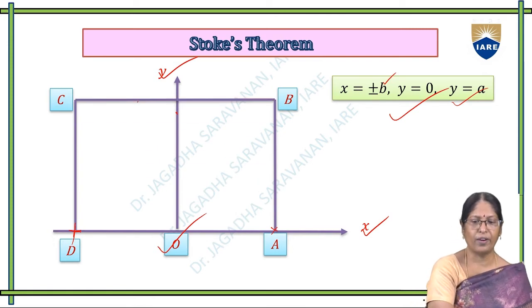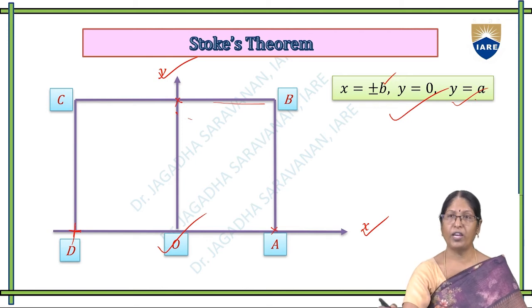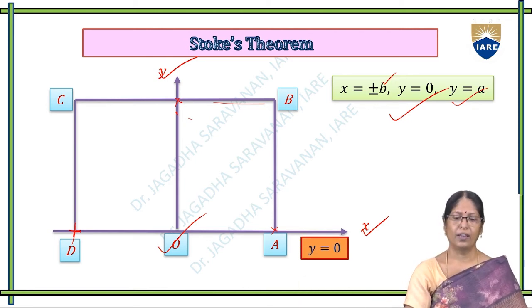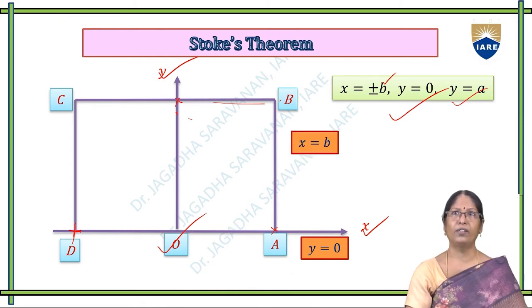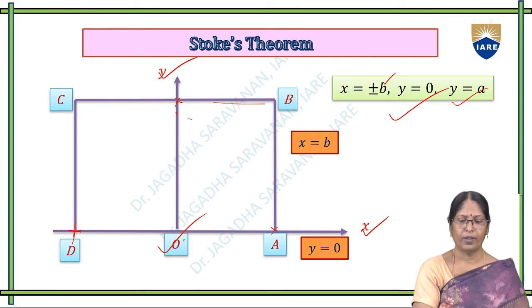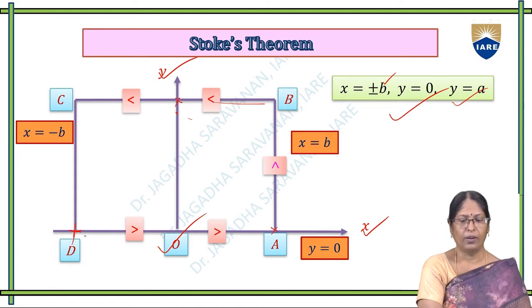So that straight line cuts here. There is a point y equal to A. Then this is minus B. The direction which is given here, if it starts from here, we can see it moves forward, in the positive direction only.